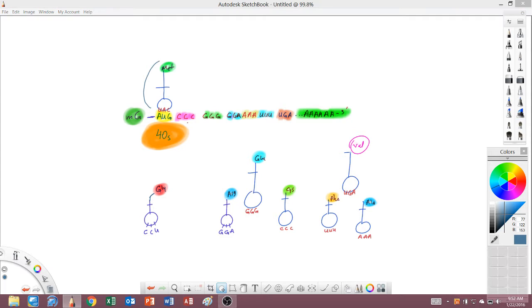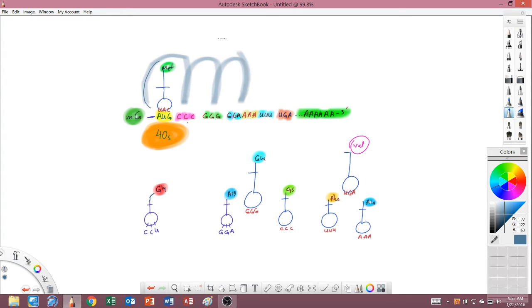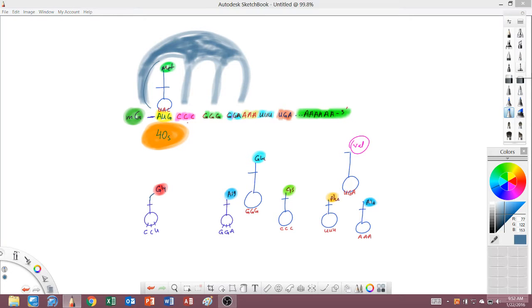So let's say the large subunit will come and attach, but the large subunit has 3 areas in it. This is the large subunit of ribosomes, 60S, right? The 60S ribosome has 3 locations, or you can think of it as 3 garages, or 3 stops.